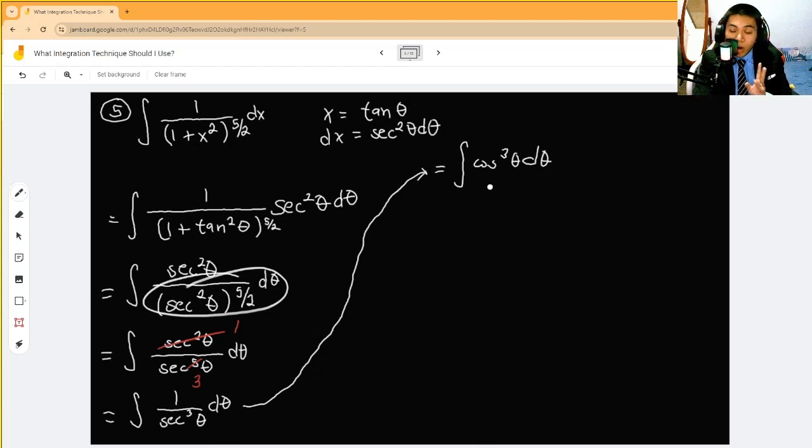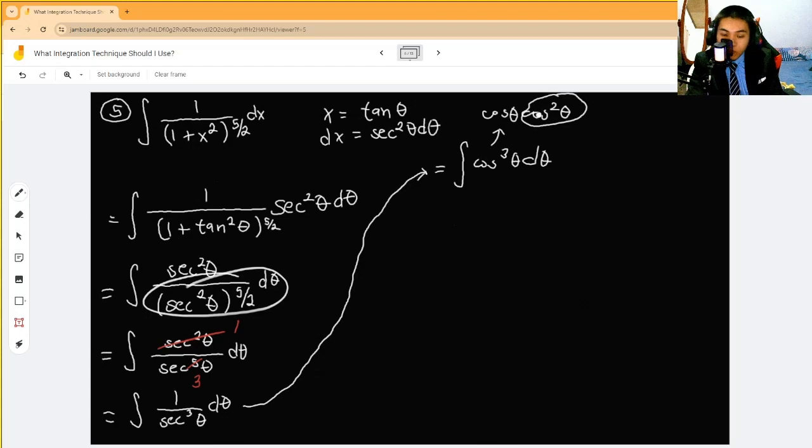And we can break this apart even further. So let's say cosine cube theta, we can take out the cosine squared, right? So we have cosine theta times cosine squared theta. And cosine squared theta is the same as 1 minus sine squared theta. Right?